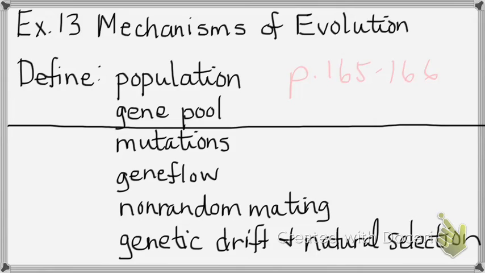The reason I drew that line right there is because these things down here are mechanisms of evolution. These are some of the things that cause genetics to change in a population: mutation, gene flow, which is migration, non-random mating, genetic drift, and natural selection. Your book does an excellent job on page 166 at the top of the page talking about those things.